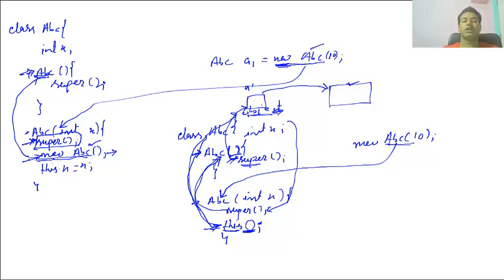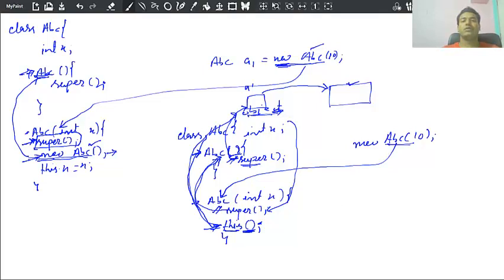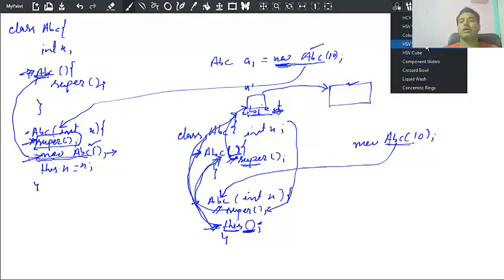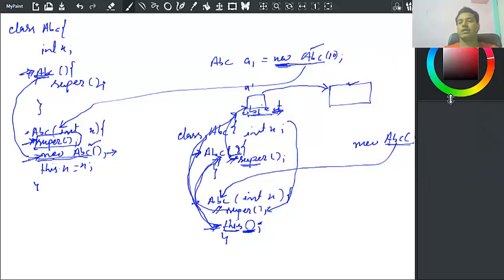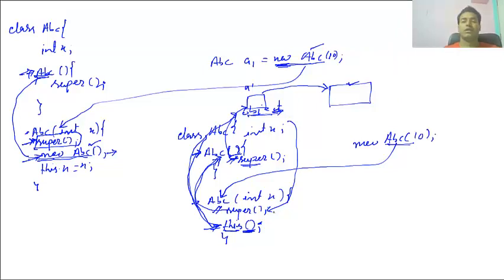So what exactly you have to do is, if I don't write this super, then how does it work? Say this super is not there, no super. Now when you say new ABC, control comes into ABC, and the first statement is this, and because of the first statement this, control goes to this class default constructor, and from here the first statement is super, and it goes to the object class default constructor.